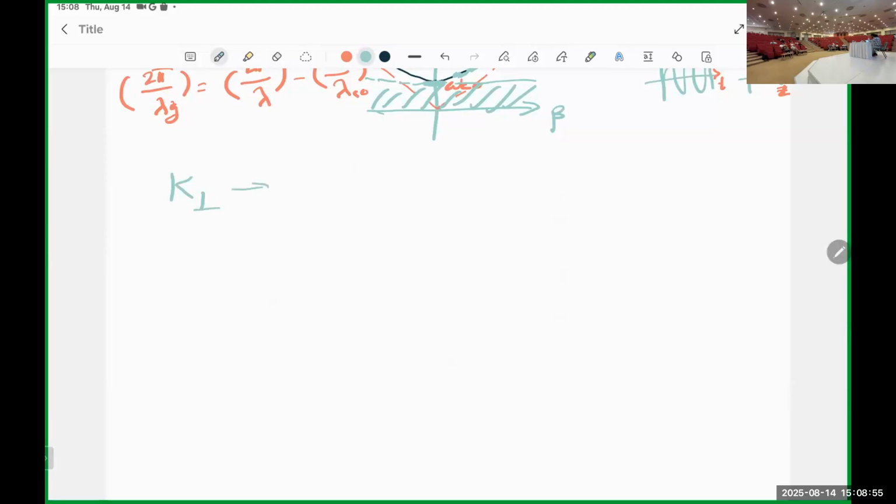So the cutoff wave number, maybe for the fundamental mode of a rectangular waveguide, can be given as this. Everyone has seen this.